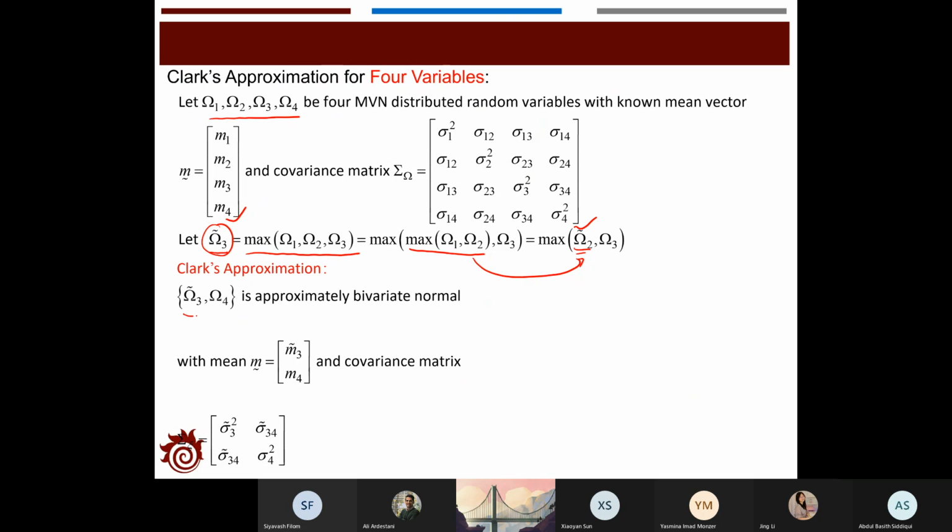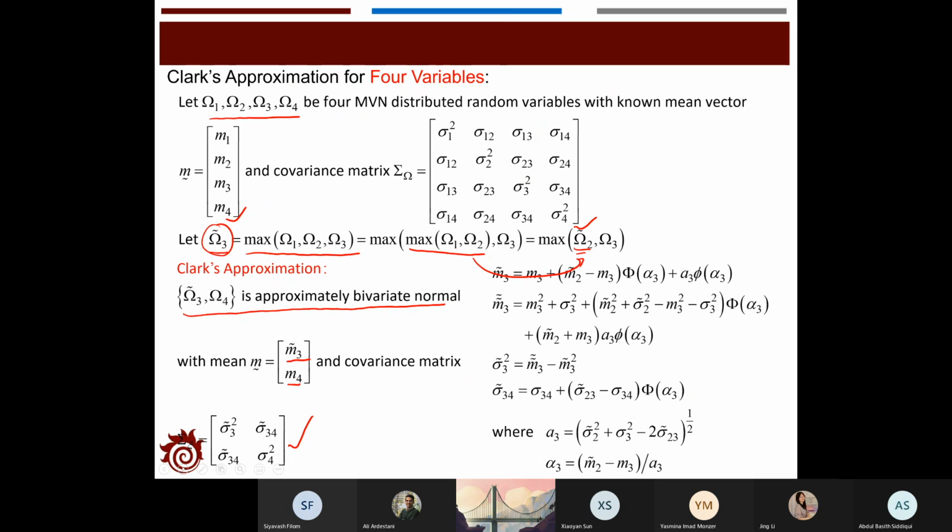And we also see that omega 3 tilde and omega 4 is in a bivariate normal distribution. And their means are M3 tilde and M4, and we can find out the covariance matrix where M3 tilde is determined by this equation, and sigma 3 square is determined by this one, and sigma 3 4 tilde is determined by this equation.